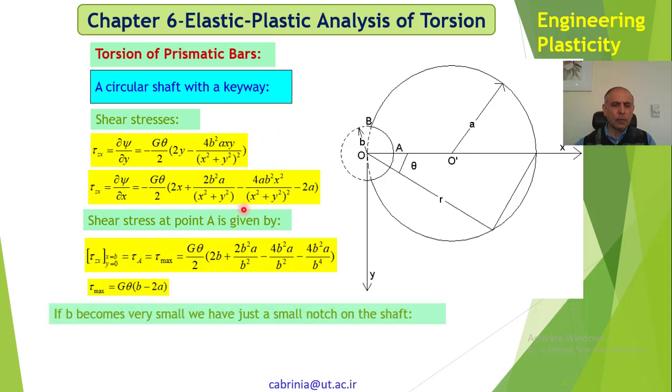And if b becomes very small, we have just a notch on the shaft and tau max is 2g theta a.